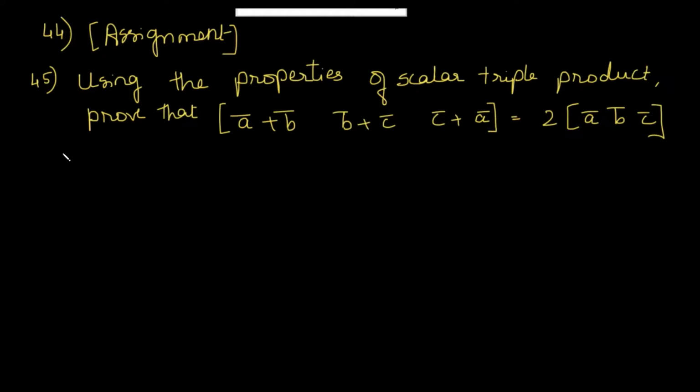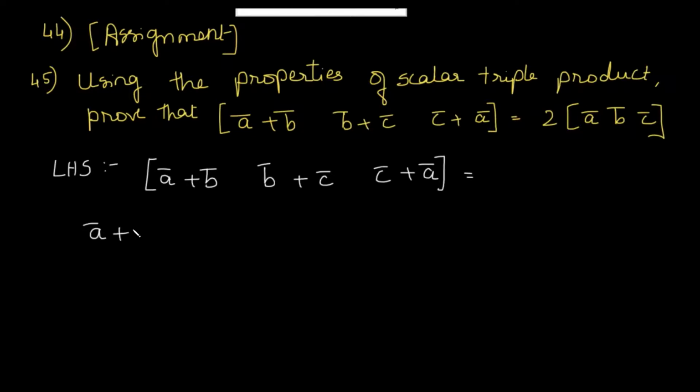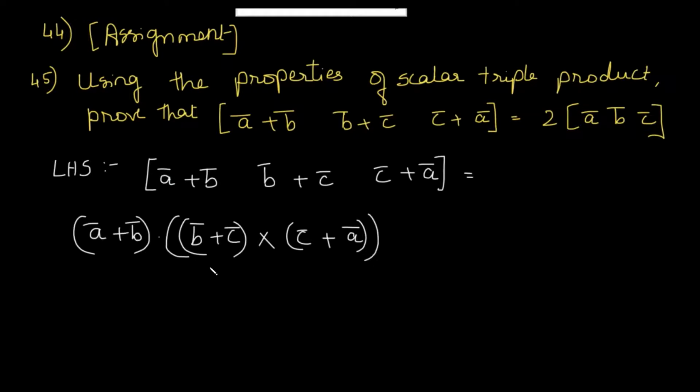So in this case, let us take the LHS. Now box A plus B, these are vectors, remember. So box A plus B, B plus C, C plus A can be written in the scalar triple product form as A plus B dot B plus C cross C plus A. And then in the next step, we keep A plus B as it is.